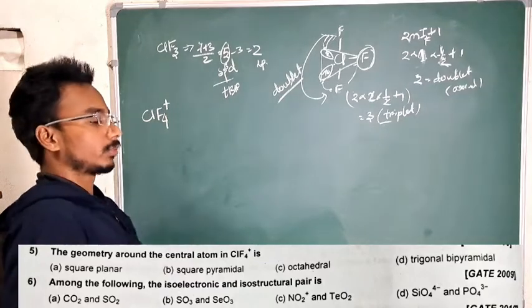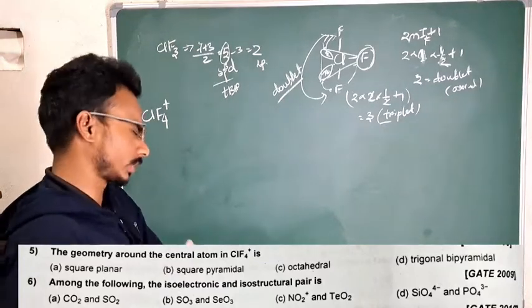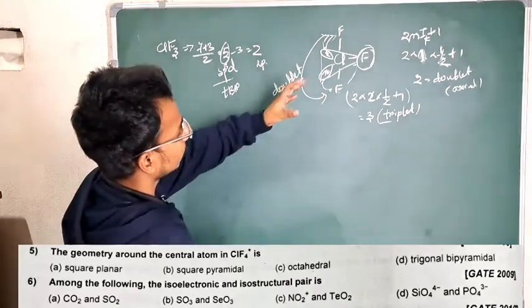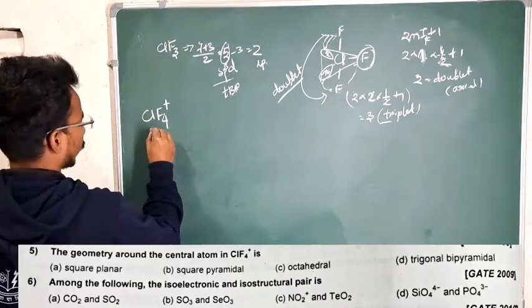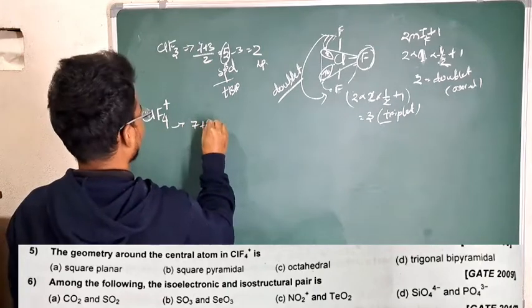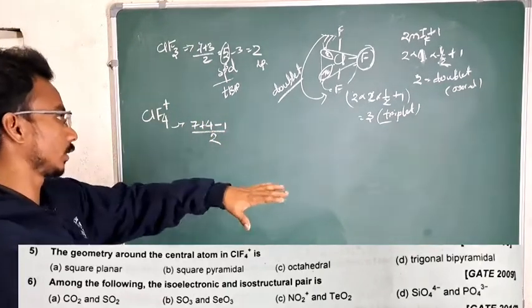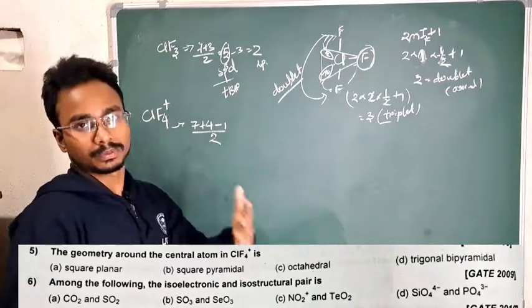With respect to hybridization we get the geometry, but for shape we are not taking the lone pairs. So here hybridization is (7 plus 4 minus 1) by 2. I am calculating directly. You are grown up enough to understand this.